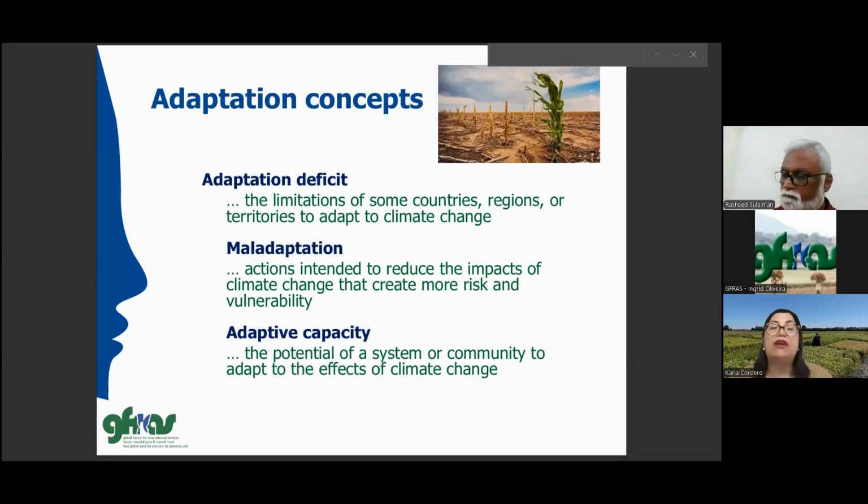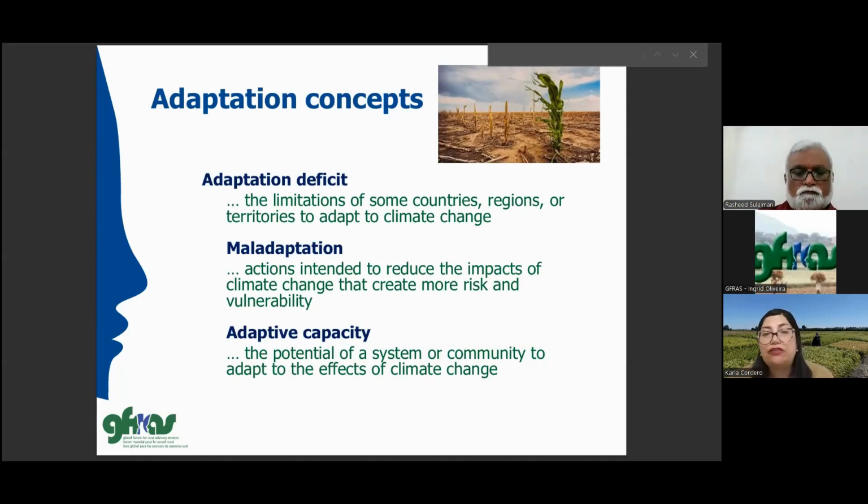So we're going to cover some important adaptation concepts that are very specific and really need to be in your vocabulary, such as adaptation deficit, maladaptation, and adaptive capacity. For example, adaptation deficit shows the limitation some countries, regions, or territories have to adapt to climate change.